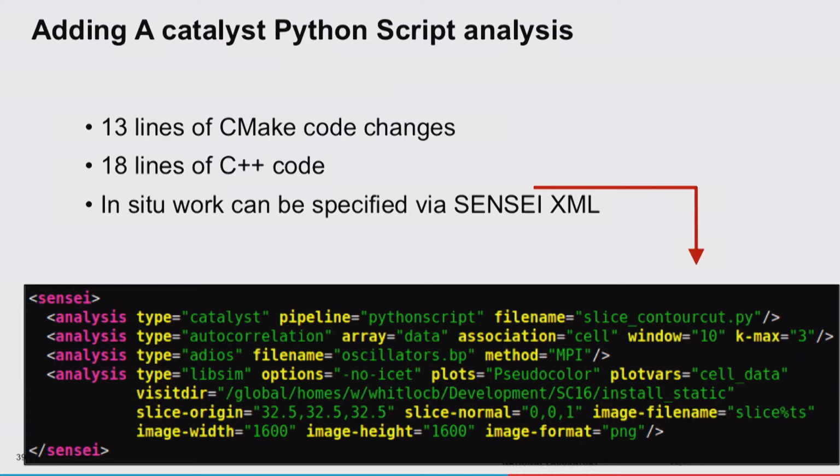After that, you could perform, this is kind of a custom code, autocorrelation, right? And then you could pass it to Adios, and Adios will write it to this file name. It will dump the data into this file name using its MPI method, and so on. So you can see how simple it is to combine multiple in situ infrastructures just by specifying what you're going to do in a simple XML file.